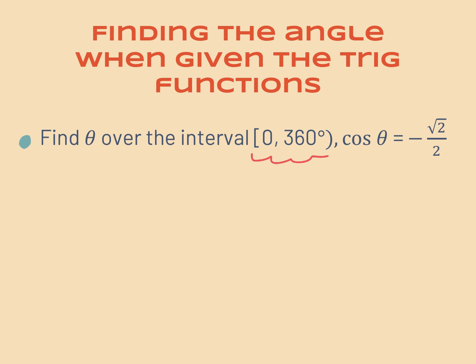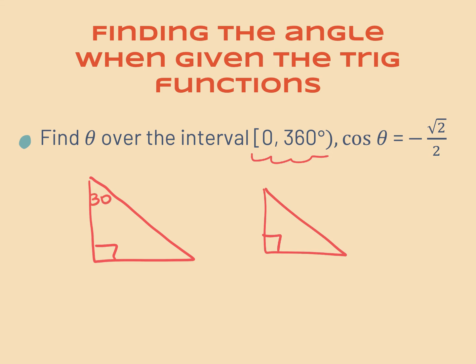All right, so let's go ahead, and what we're going to be using are our two special right triangles. So what we're going to be doing is trying to figure out the reference angle. So we're going to be using the 30, 60, 90 and the 45, 45, 90.